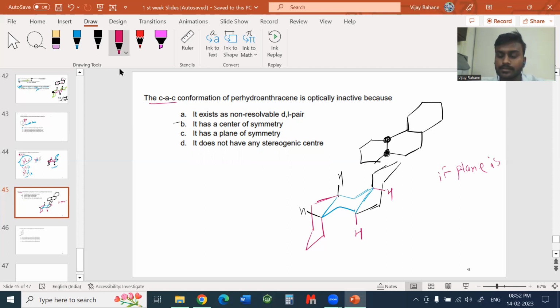If any S_n axis, an improper axis of symmetry, is present, then the molecule is optically inactive.